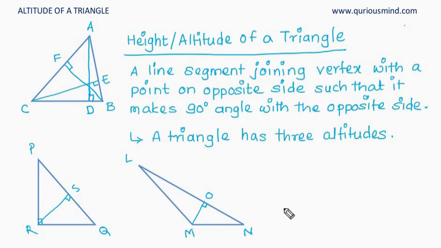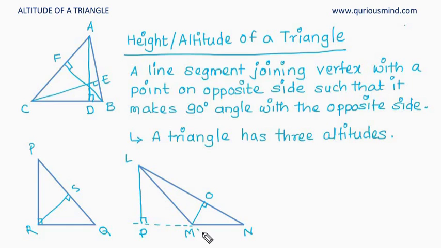And if we go from this side, it is not going to make a right angle. So for the right angle, we need to extend MN. We extend this and then draw a perpendicular LP. So what's happening? The altitude is actually outside the triangle, in the exterior area of the triangle. It is exterior to the triangle.